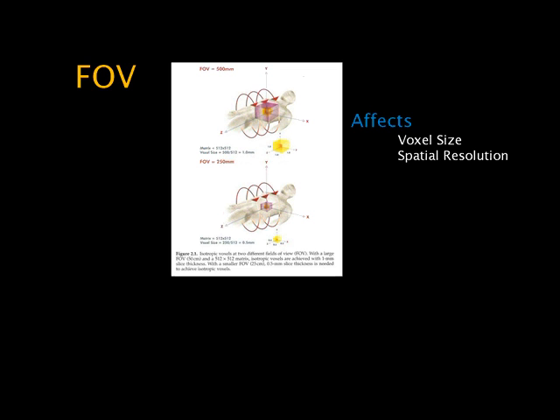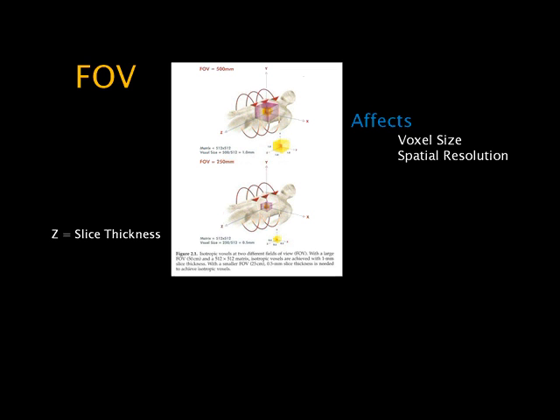Now, remember the goal in MDCT is an isotropic voxel, which would mean that the z-axis resolution would also have to be 0.5. Well, that's all well and good, but what does that mean? Well, the z-axis is slice thickness. So that's what we would be setting, a slice thickness of 0.5.